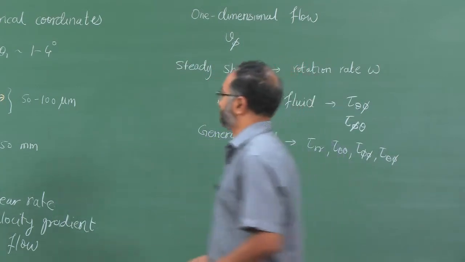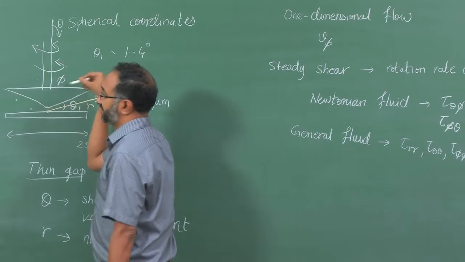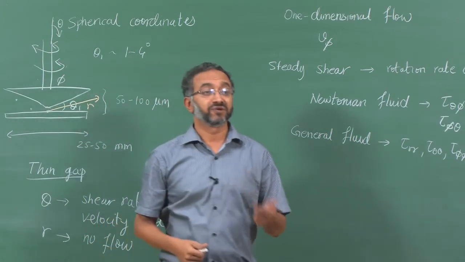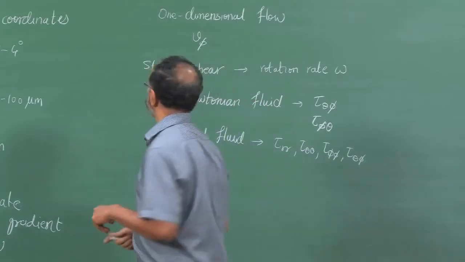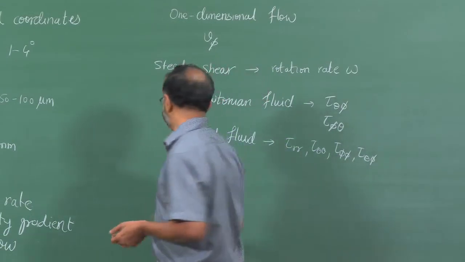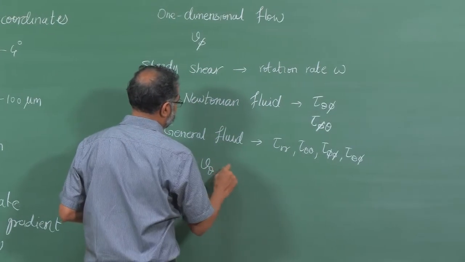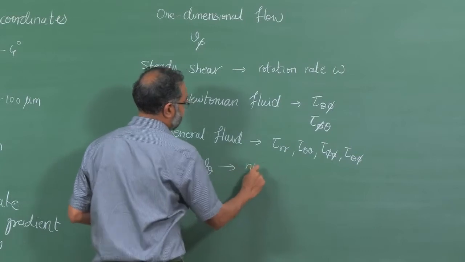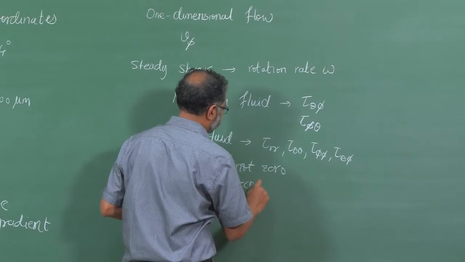So, even though we are imposing only a circular motion and we expect each and every fluid element to go around in circles, secondary flows might arise, and these secondary flows will lead to velocity components Vr and V theta also being there. So, if these are not 0, then we say that there are secondary flows.